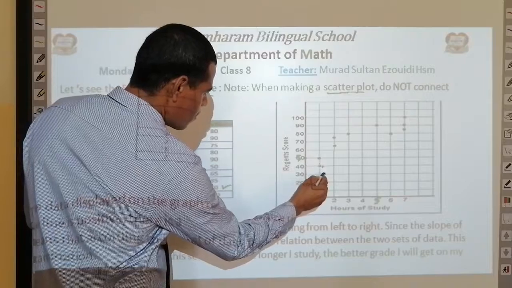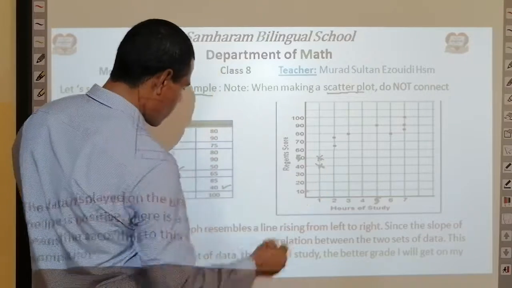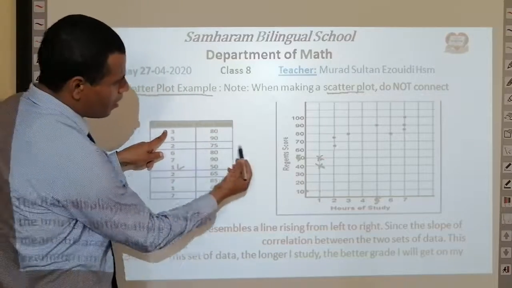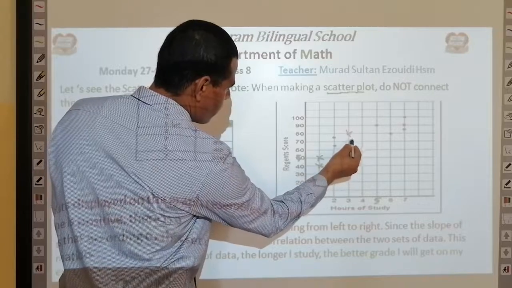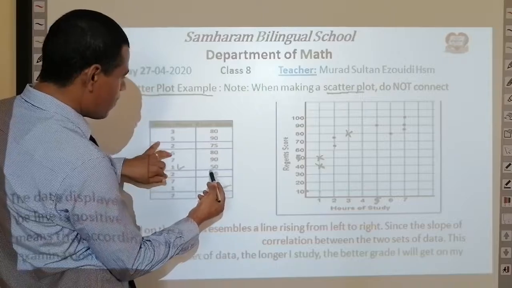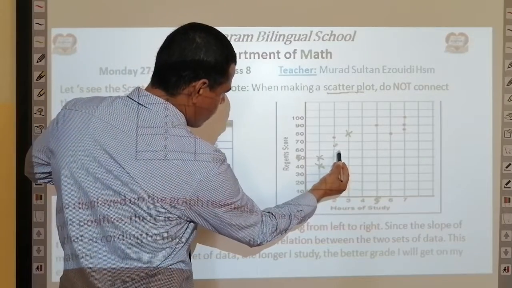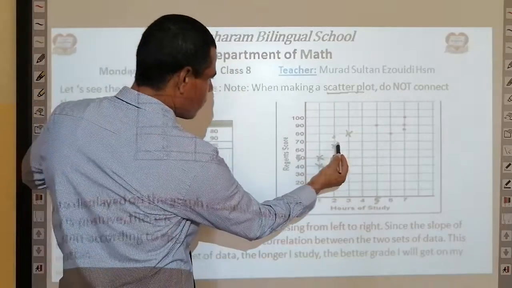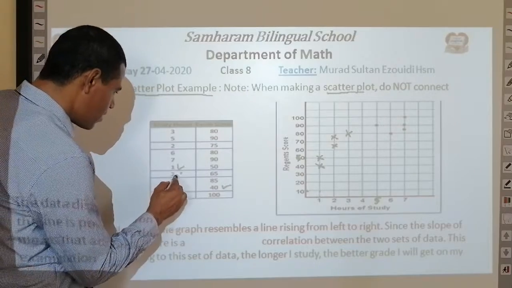This is the first point, and this is the second point. Then for 3 hours we have 80. Then for 2 hours we have 65 and 75, so this is 65 and this is 70, 75.